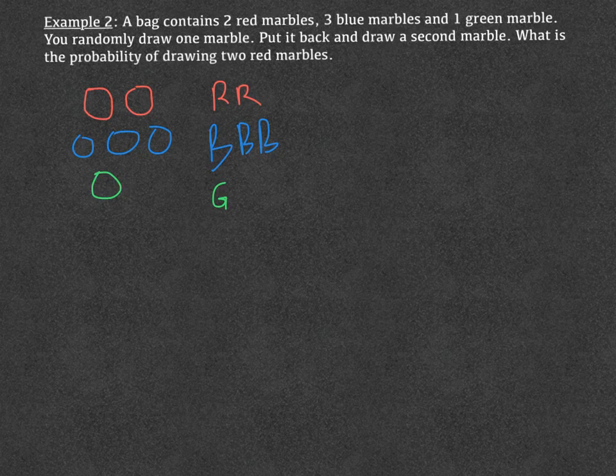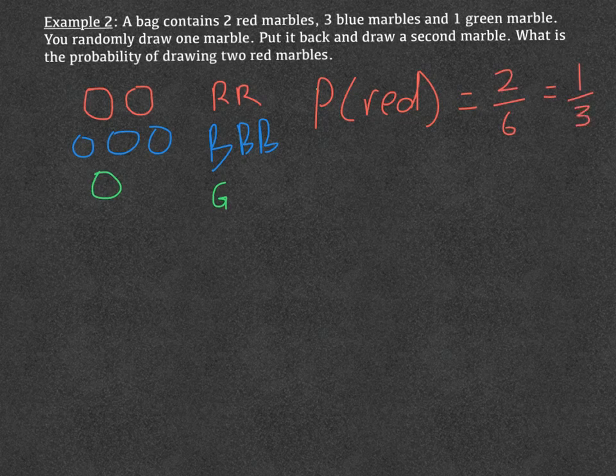So the probability of drawing a red marble will be, so I'm going to use red. The probability of drawing red will be equal to the number of red over the total number of marbles, which would be 2 over 6, and you get 1/3. Okay, so now think about this event, whether drawing the 2 marbles is an independent or a dependent event.